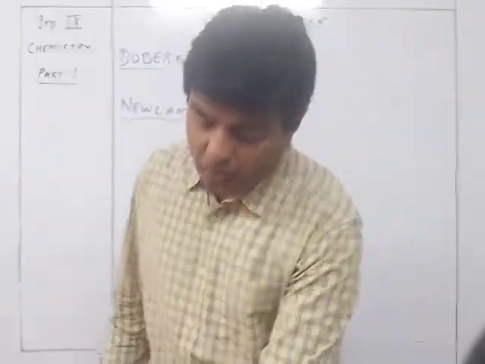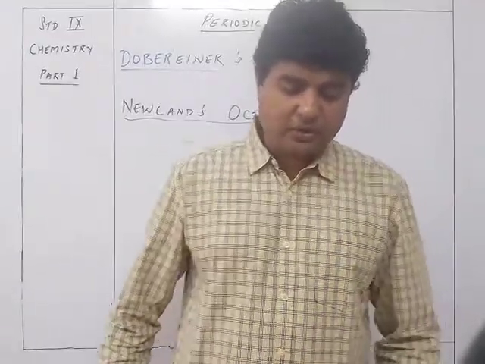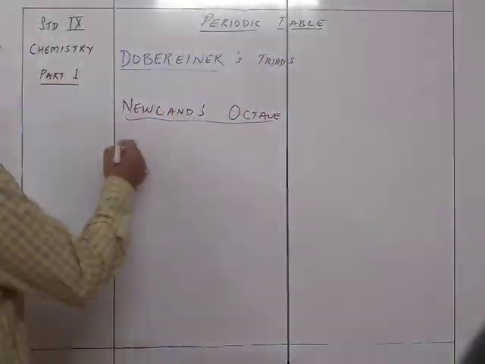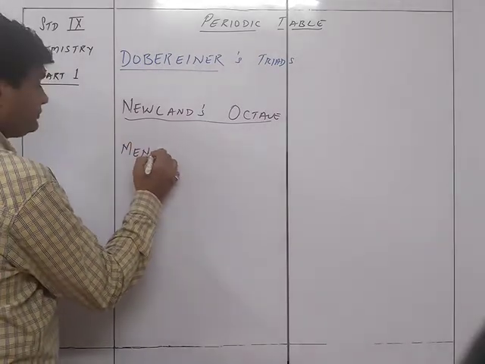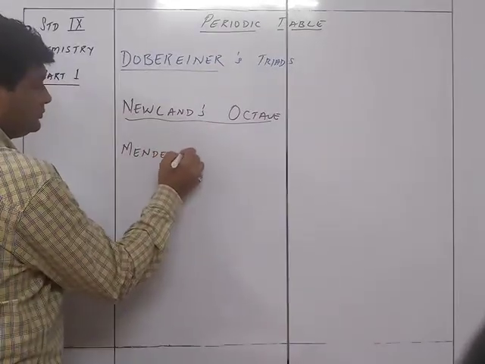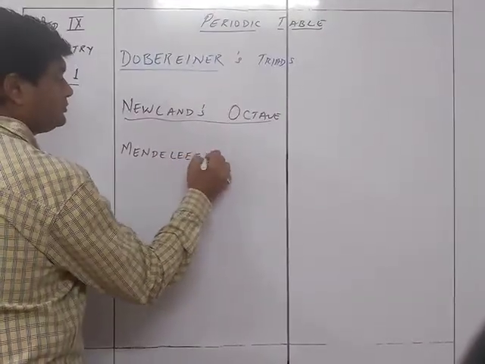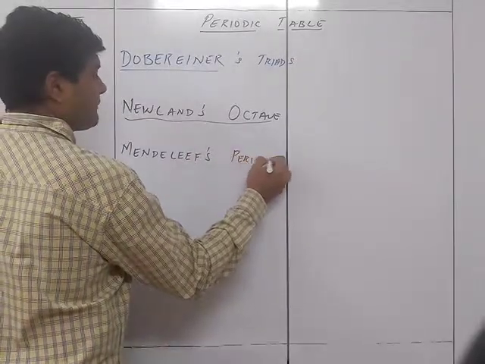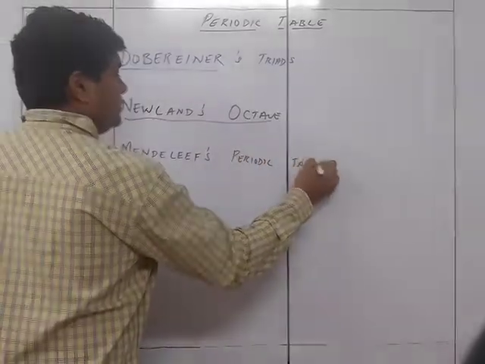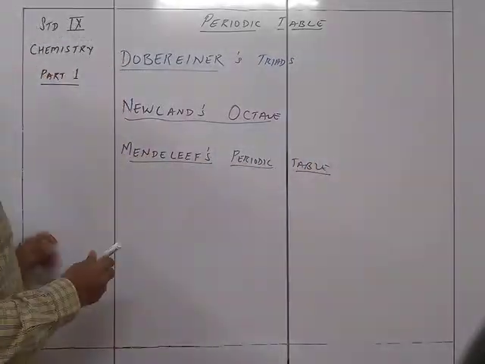The next one was given by Mendeleev, and that is the Mendeleev periodic table. First of all, this is the first periodic table.